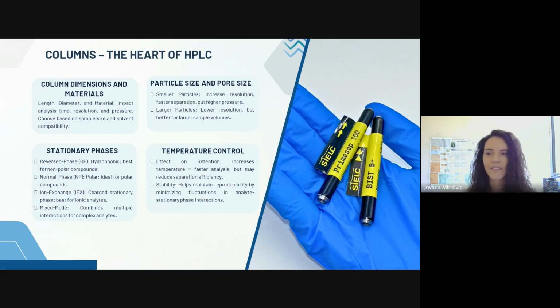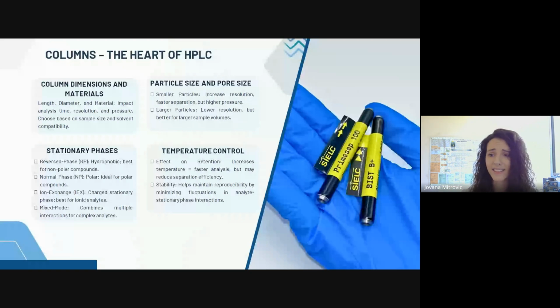For example, we have reverse phase, which is most widely used, and it's best for hydrophobic compounds. We have polar columns where we use normal phase. They work well for polar analytes. Ion exchange, for example, is ideal for charged species, and mixed mode columns combine different interactions in one, offering versatile selectivity.